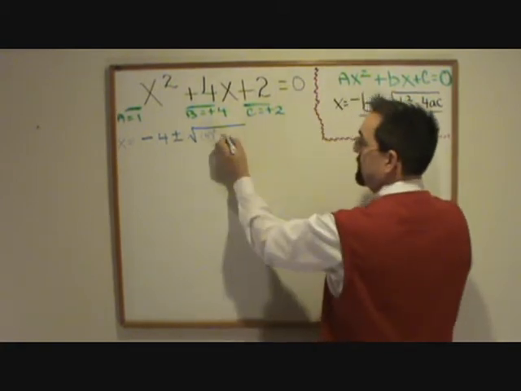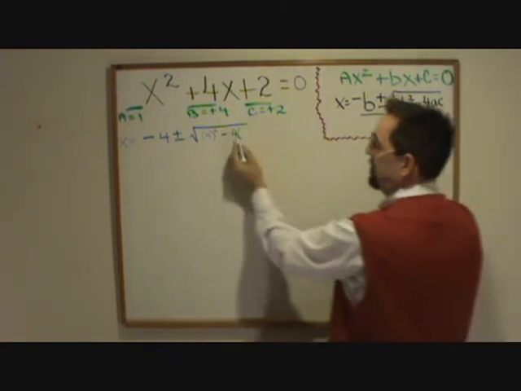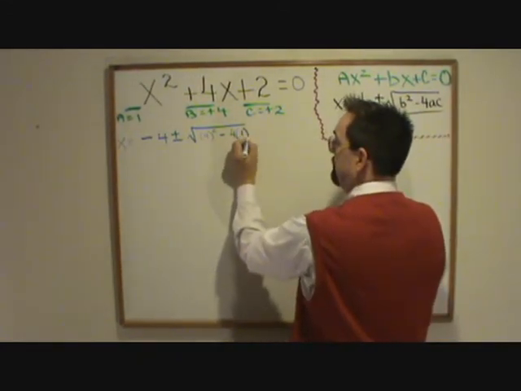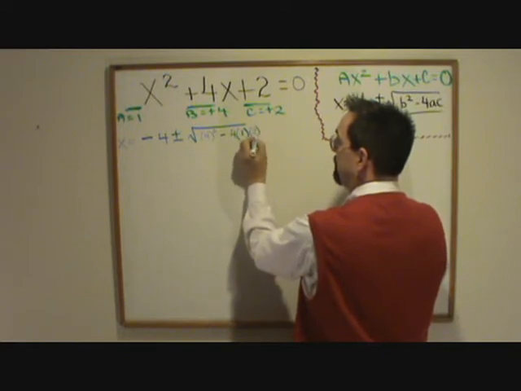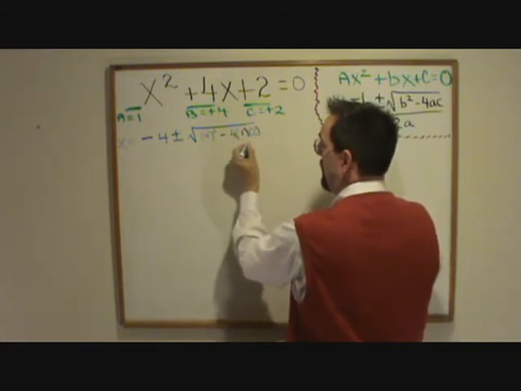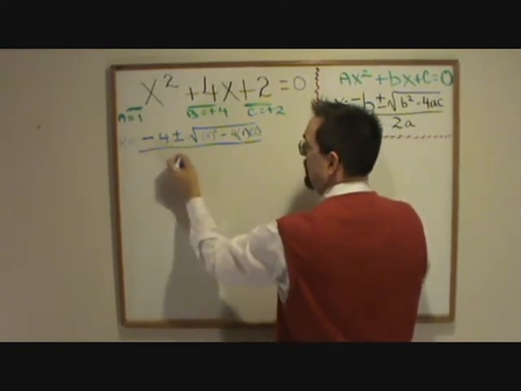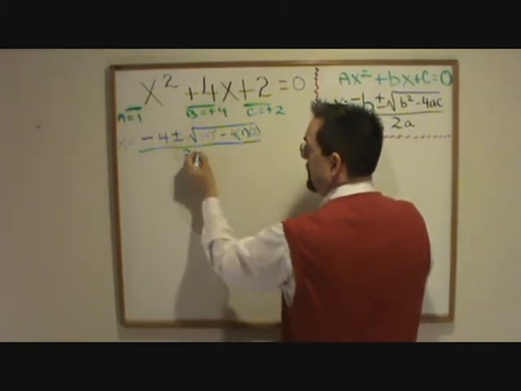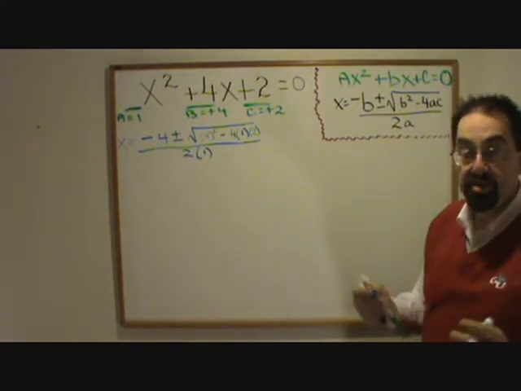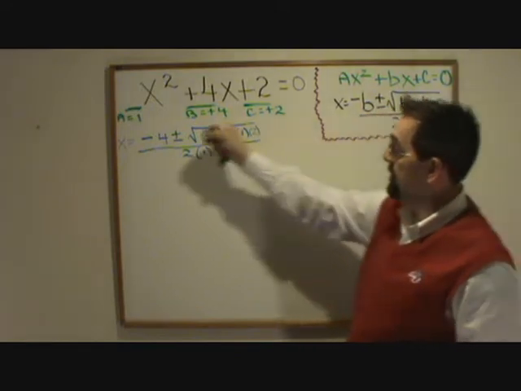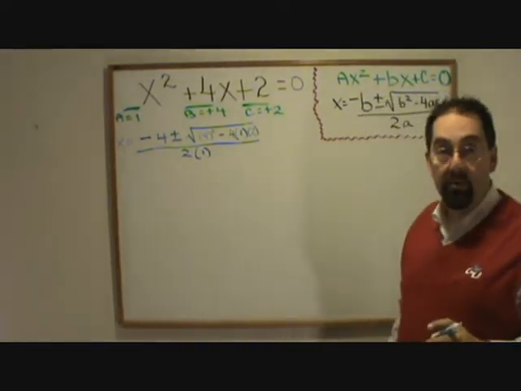B squared minus 4ac. 4 times a, which is 1, and c, which is 2. This entire thing is all over 2 times a, which is 1. Okay, so now we've substituted a, b, and c into the entire quadratic formula.